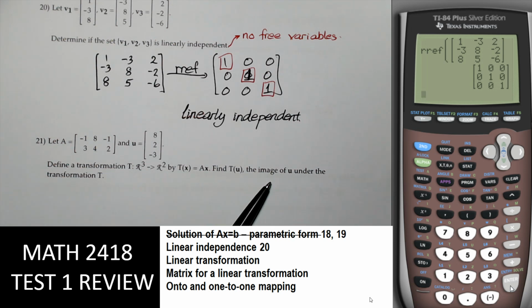I need to change the red. Linearly independent is where we have no free variable. By that we mean all the columns have a pivot. Sorry, I just need to refill the red ink pen.